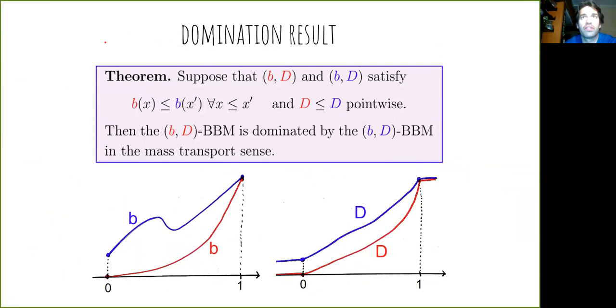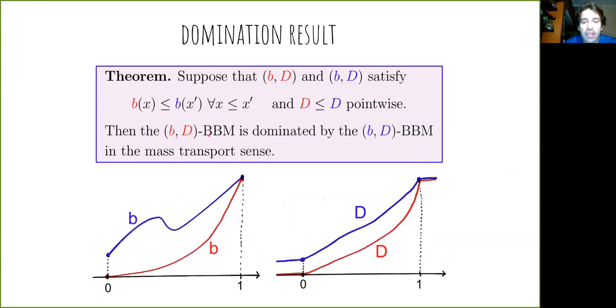Okay, we also need this domination result that says that we can stochastically compare two BD-BBMs, in this case the red one and the blue one. If the blue functions dominate the red ones, as in this condition, then we can say that the red BBM is dominated by the blue BBM.